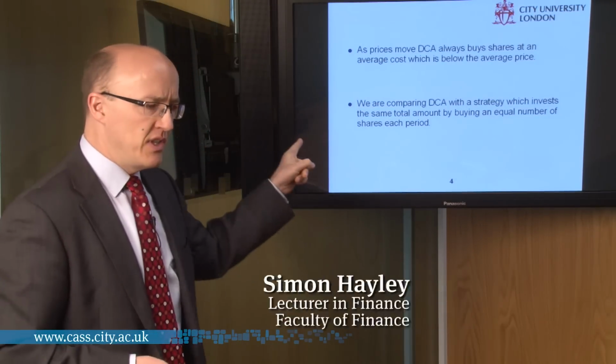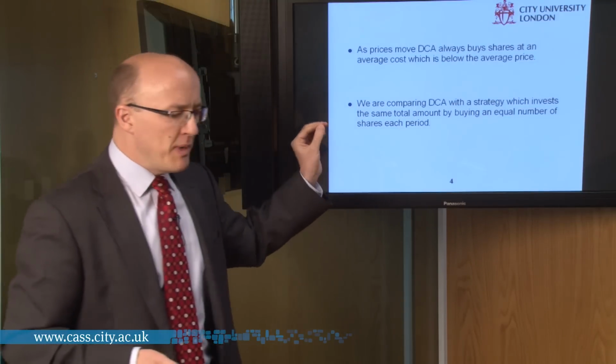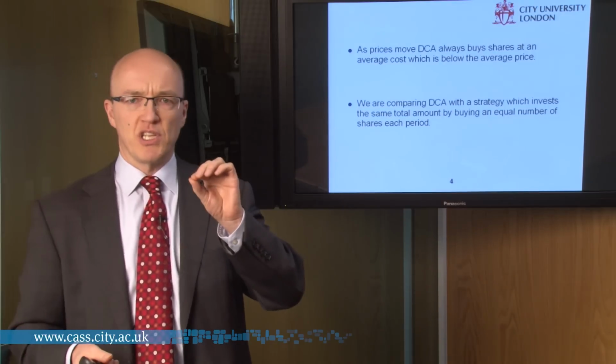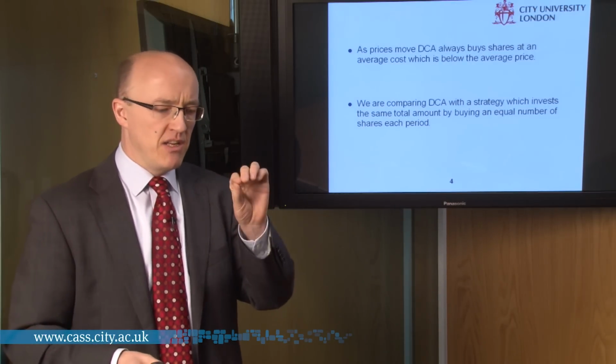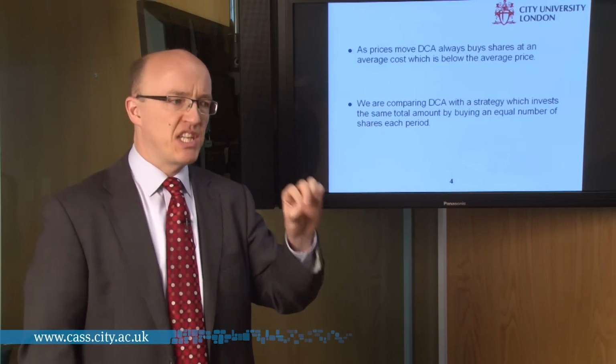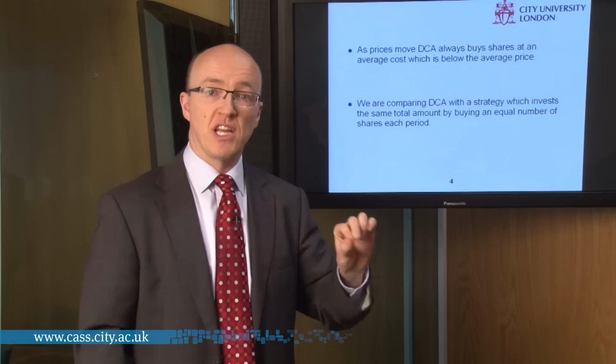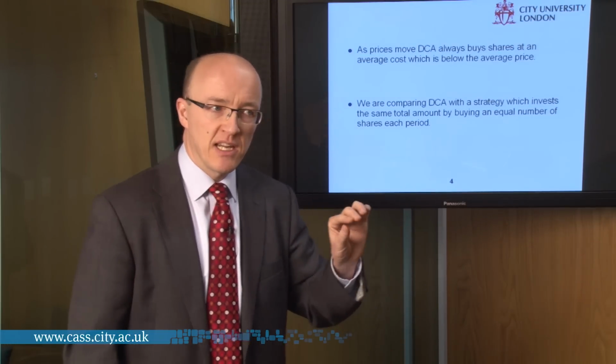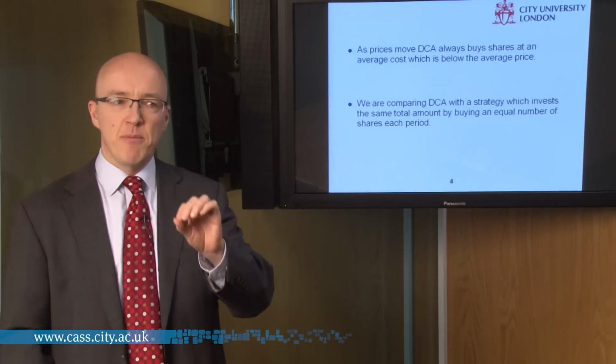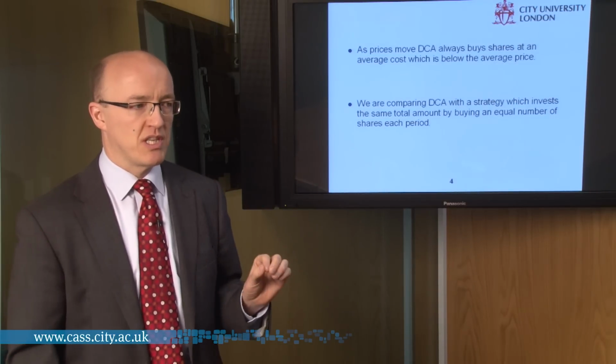And what I'd like to convince you of is that when we make that comparison, we're comparing dollar cost averaging with a strategy that invests in an equal number of shares each period. It must do that. That's how it buys at exactly the market average price. Secondly, it must invest the same total amount as dollar cost averaging.